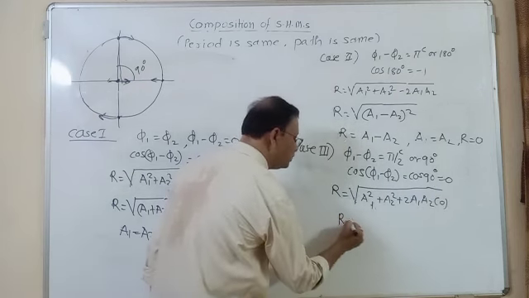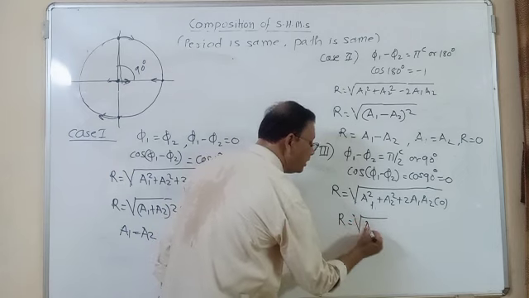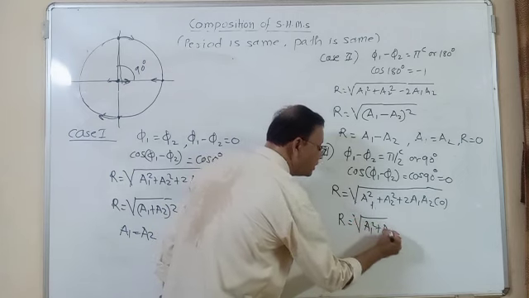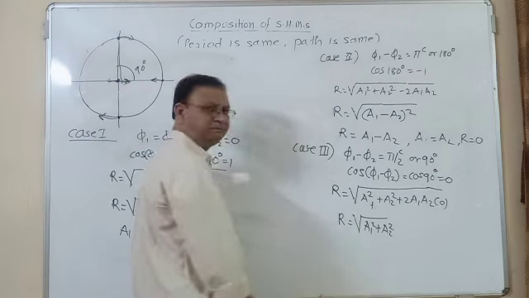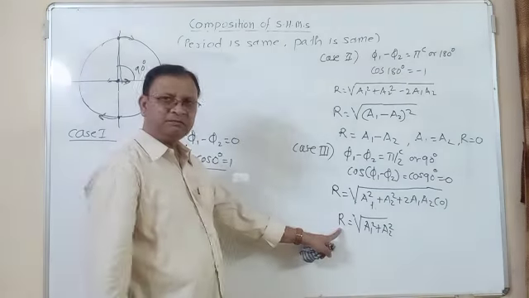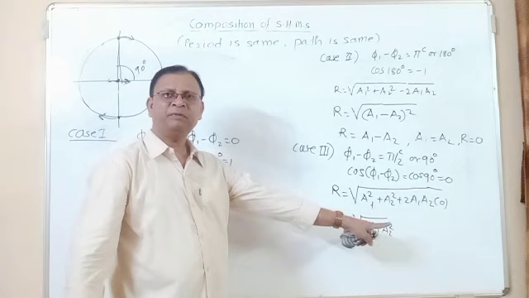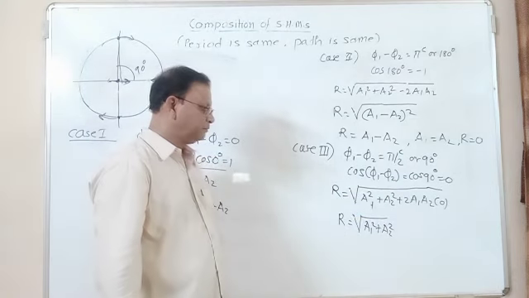So R is equal to square root of A1 square plus A2 square. This is the resultant amplitude if the phase difference between the two simple harmonic motions is pi by 2.